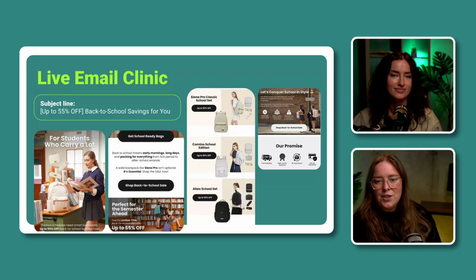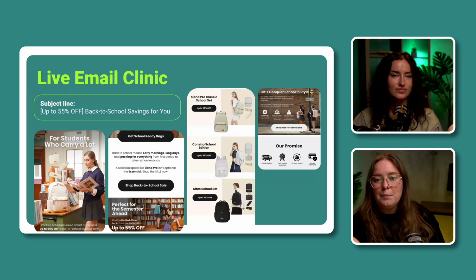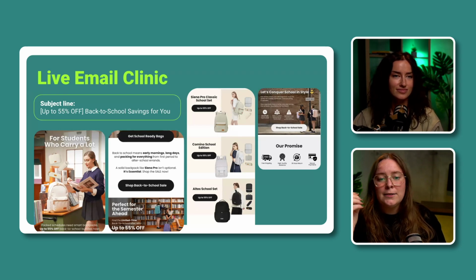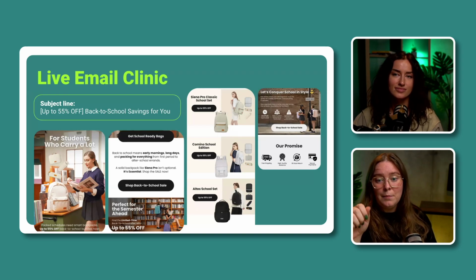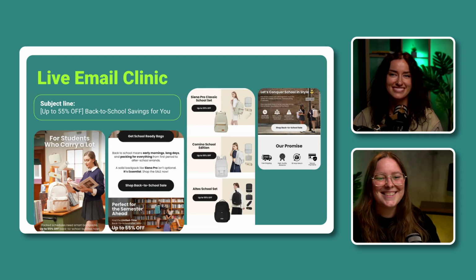The hero section leads with a visual, a student mid-backing, and a headline: for students who carry a lot. Below that, we give a short benefit-led paragraph that reinforces the idea that pack days need smart packs. There are two CTAs, so get school-ready bags, and then a second one for the full back to school sale.